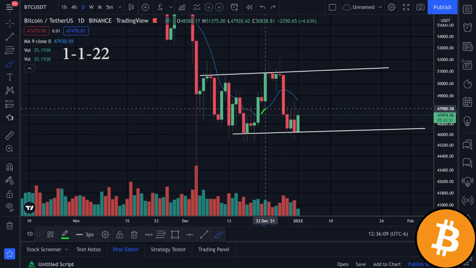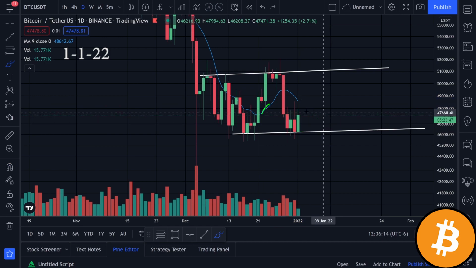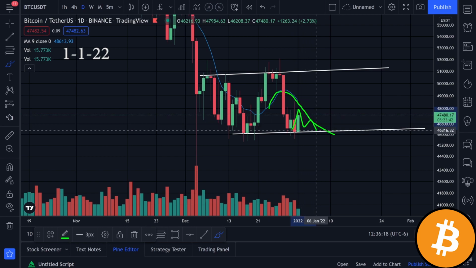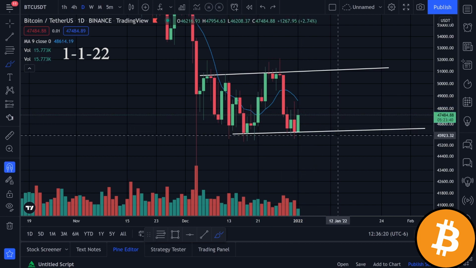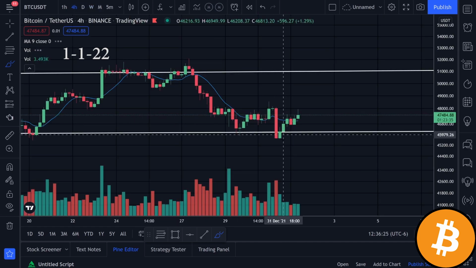In general though, as long as we're underneath this 9 moving average right here, then I think it might give us some trouble, and we might be kind of bouncing in between that moving average and this bottom support line. But like I said, in general, it looks like on the 4-hour time frame we are trending up.